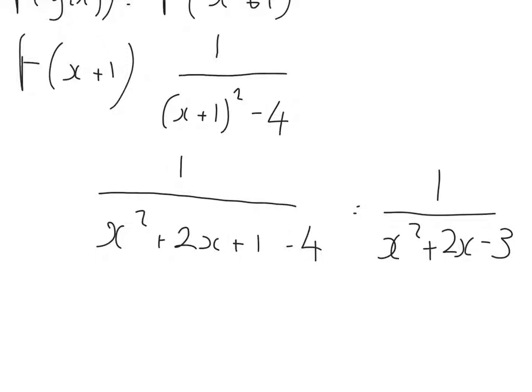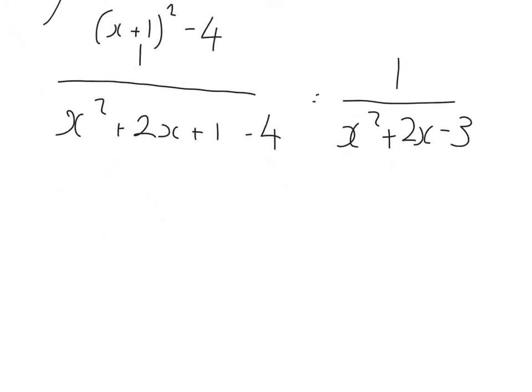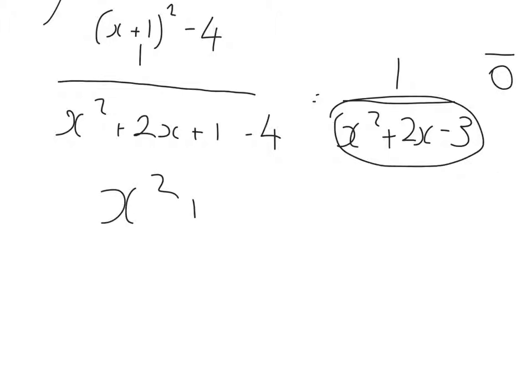Now the restriction on the domain there is we couldn't have numbers inputted into the function which will give us a denominator of 0. Therefore the denominator can't be 0. X squared plus 2x minus 3 is not allowed to be 0. So it cannot be equal to 0.